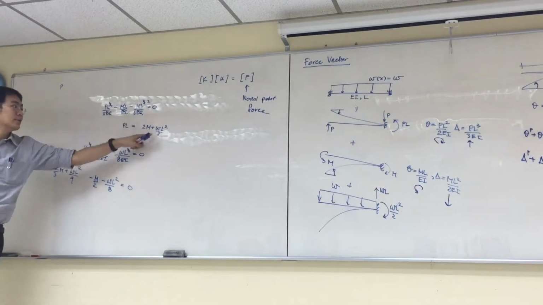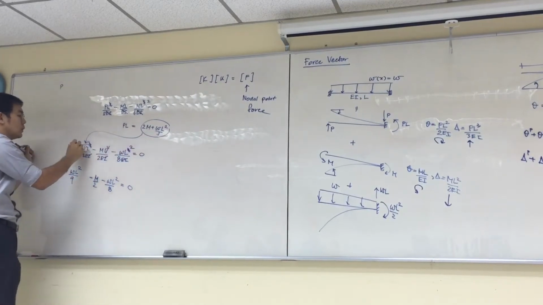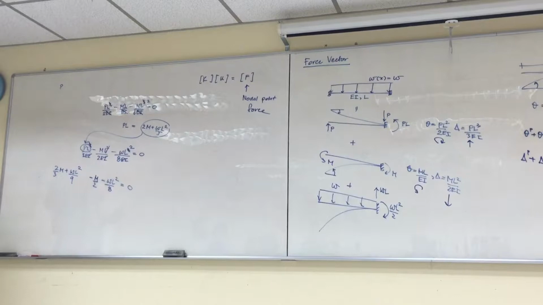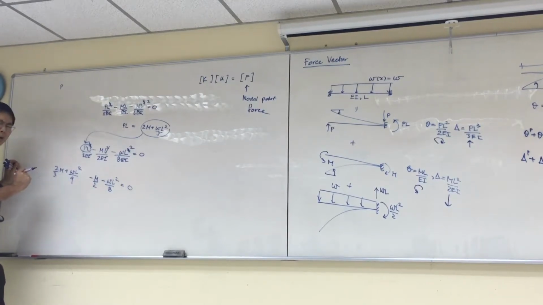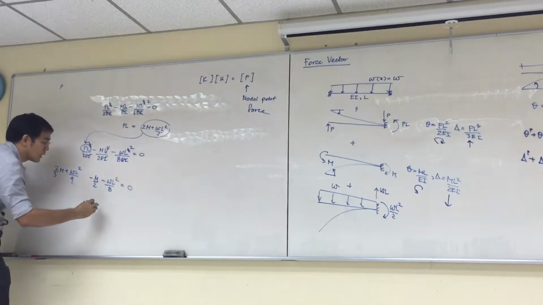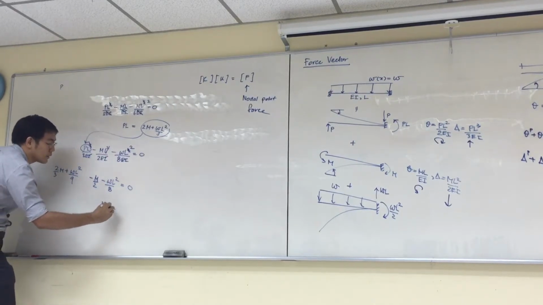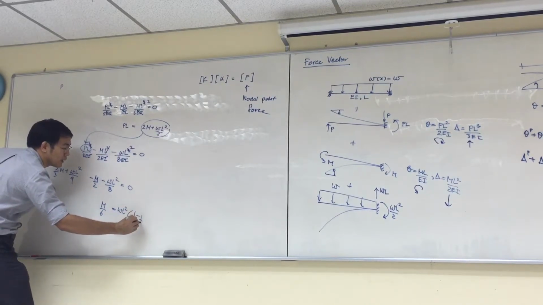And plug these terms into here. So you get 2/3, WL squared over 9 from here, and this one from here. 2/3 of M minus 1/2 of M, what do you get? 4/6 minus 3/6, you get M over 6 equals WL squared times (1/8 minus 1/9).